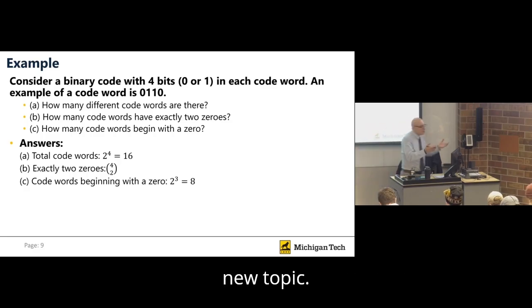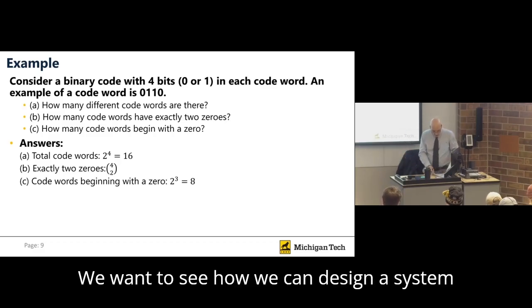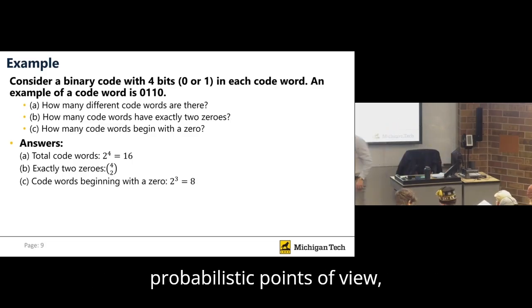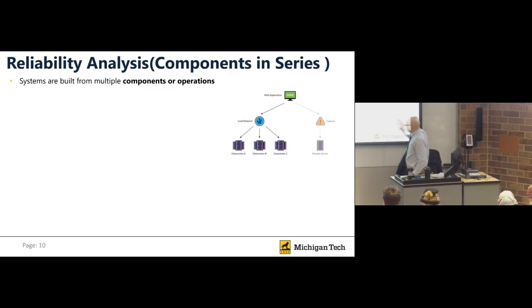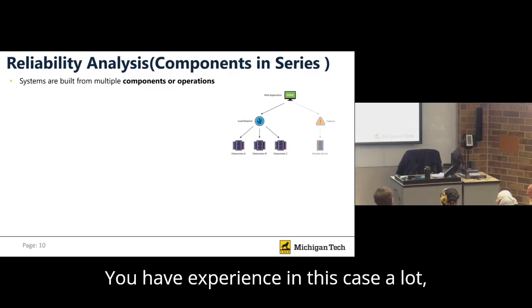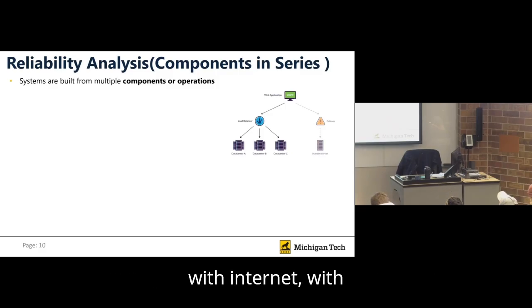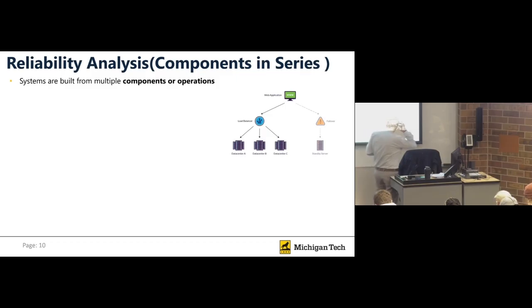We're going to move to a new topic, which is called reliability. We want to see how we can design a more reliable system, of course from a probabilistic point of view. You have had experience with this a lot for sure, especially when working with the internet, when sometimes some stuff happens.